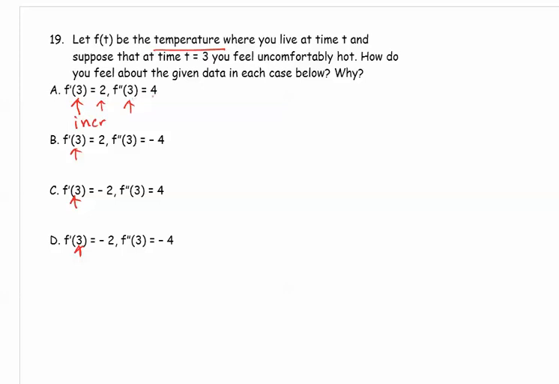The second derivative is positive, so the temperature graph would be concave up. So increasing and concave up. So that would tell us the temperature is increasing faster, or at an increasing rate. Temperature is increasing at an increasing rate. So if you were already feeling too hot, you would not like that.